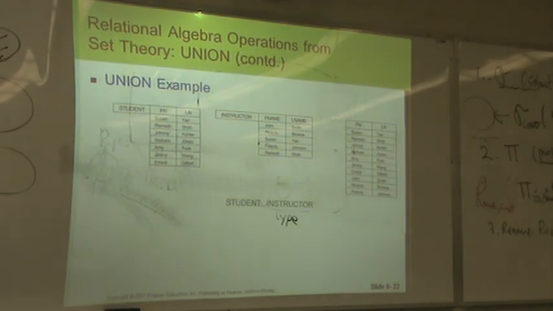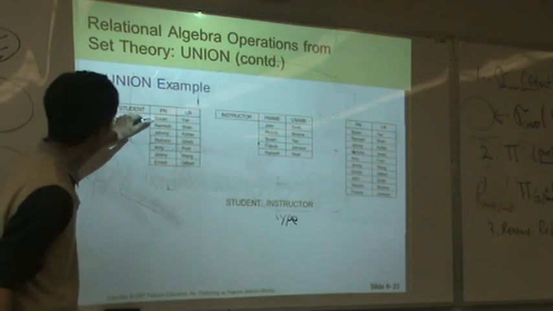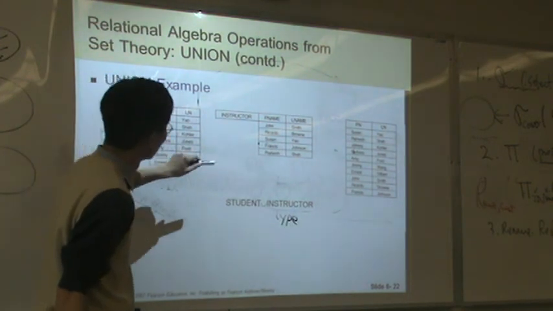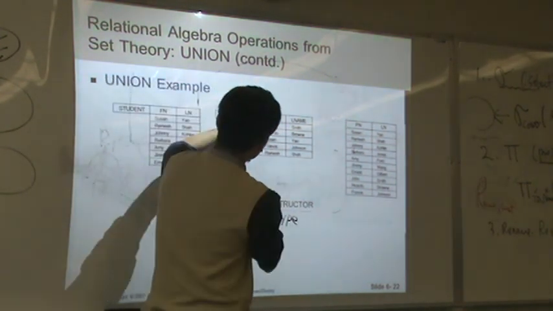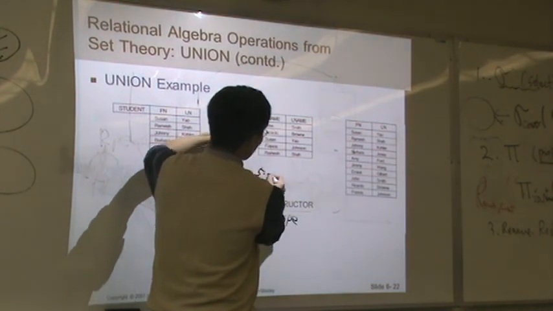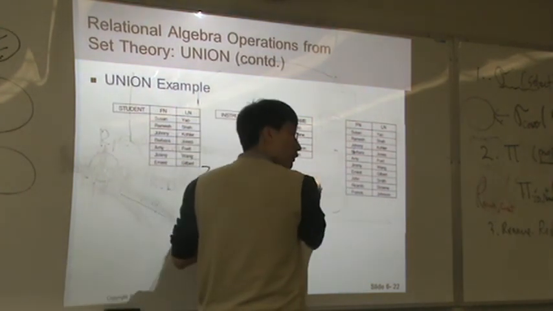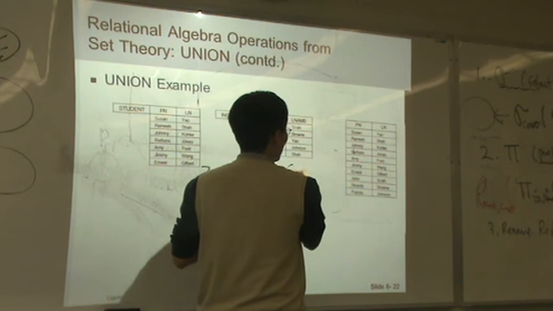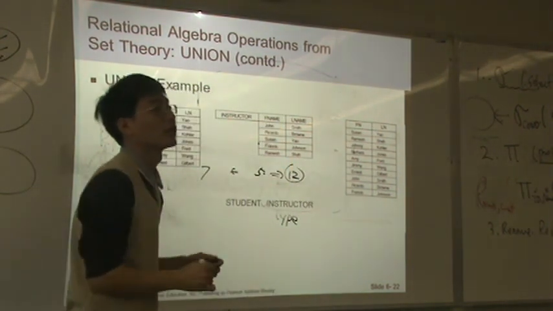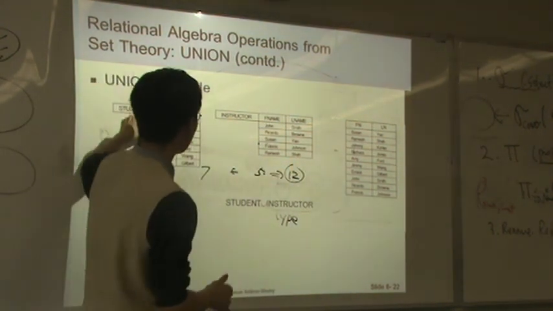Okay, so a union example: student and instructor, union. So 7 tuples, 5 tuples, 12? No, you need to check the duplication. Is there any duplicate data?